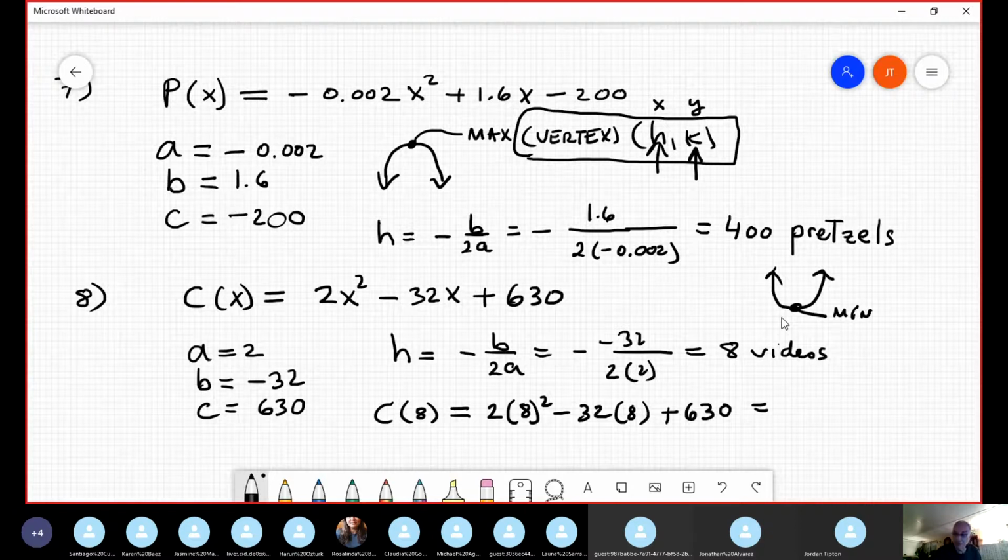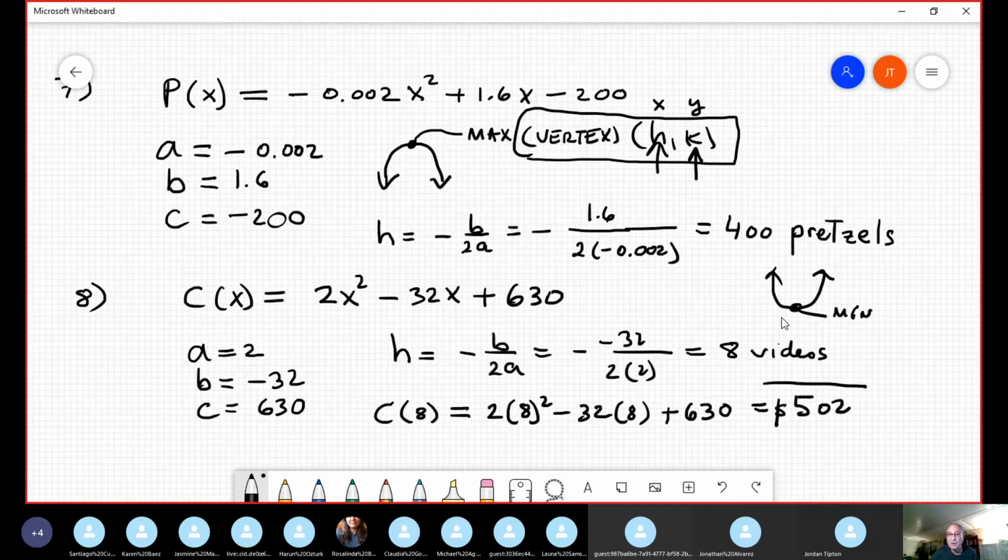This is 2x squared, that's the quadratic function, minus 32x plus 630. I want to evaluate at x equal to 8 videos. Boom. The answer is $502.